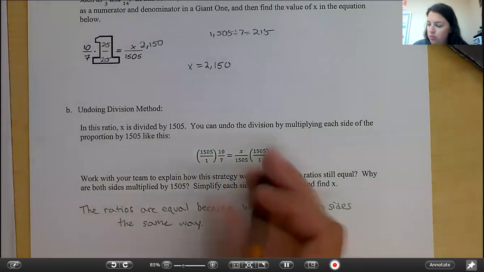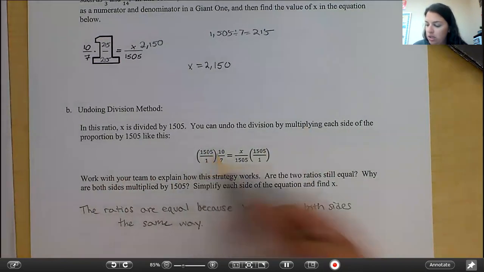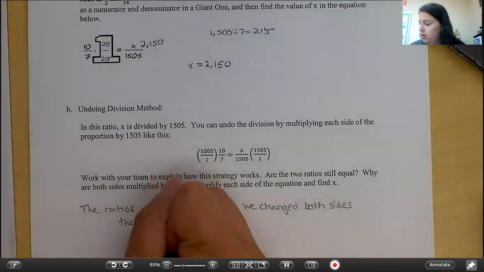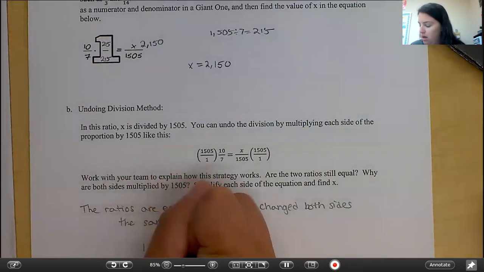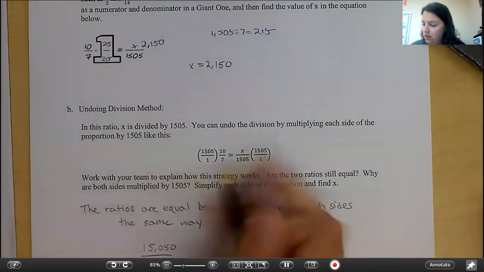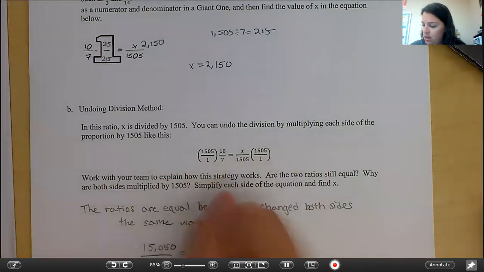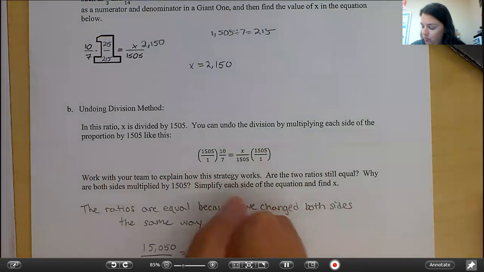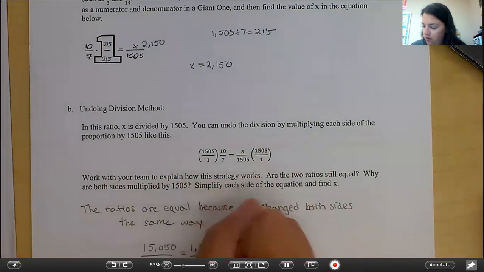So if we take a look at this, we're going to multiply across on both sides. So we have 1,505 times 10, and that's going to give us 15,050 divided by 7, because 1 times 7 is 7, equals 1,505x over 1,505.